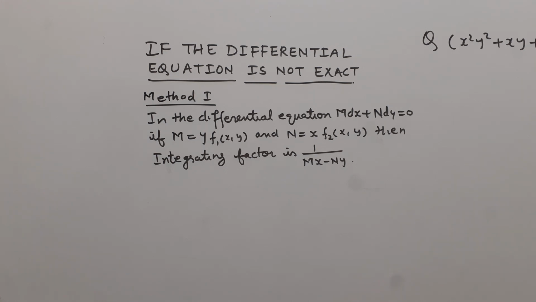If the differential equation is not exact, then we use method 1: if M is equal to y multiplied by f1(xy) and N is equal to x multiplied by f2(xy), then we multiply the above equation M dx plus N dy is equal to 0 by the integrating factor 1 upon Mx minus Ny.